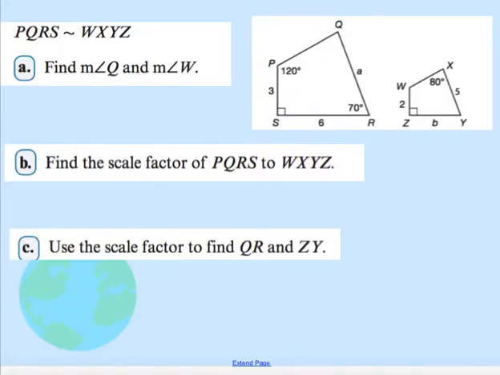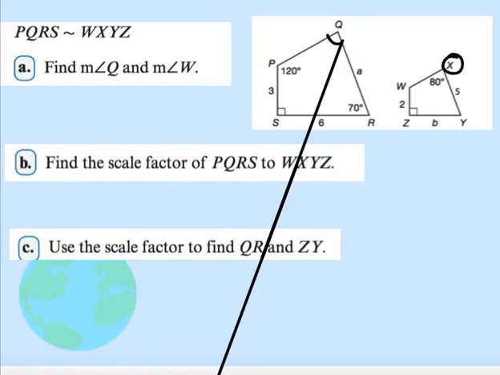So let's look at another example of some similar figures. If we have PQRS similar to WXYZ, we want to figure out the measure of angle Q and the measure of angle W. Like we said on the other page, those corresponding angles are going to be the same. So the measure of angle Q, right here, corresponds to this one right here.